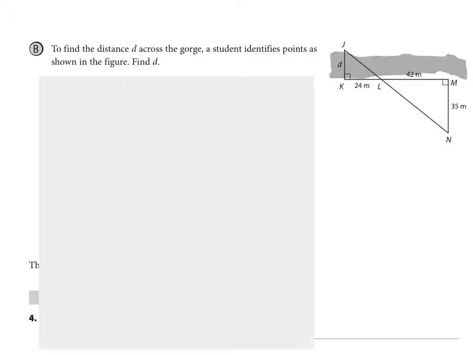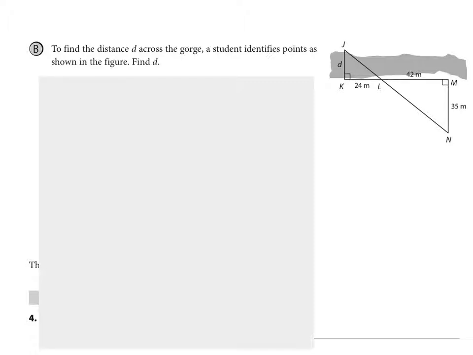In this problem, they want to know how far across the gorge distance D is, and in order to measure that, they use similar triangles.